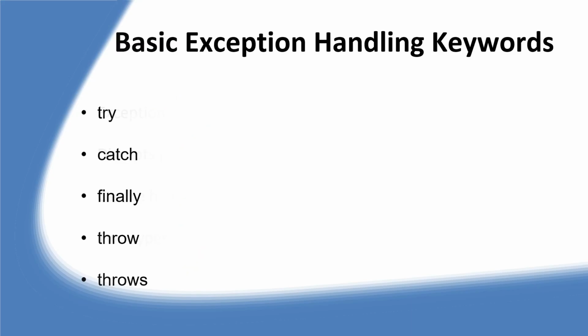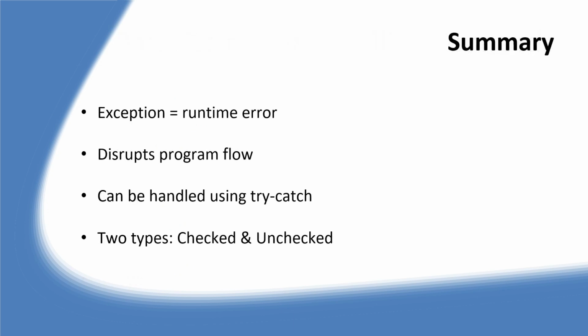So let's quickly summarize what we have learned so far. An exception is an unexpected event that will disrupt the normal flow of the program.